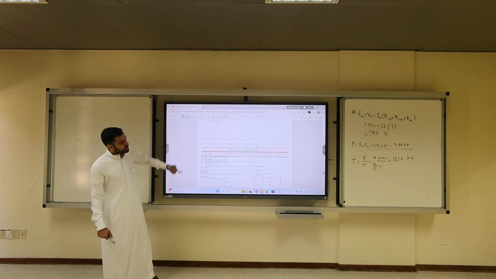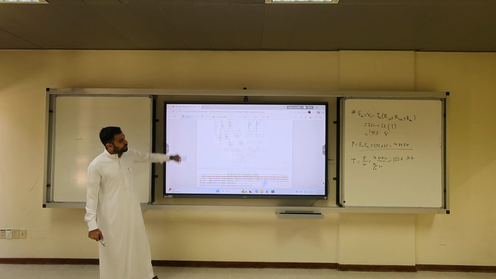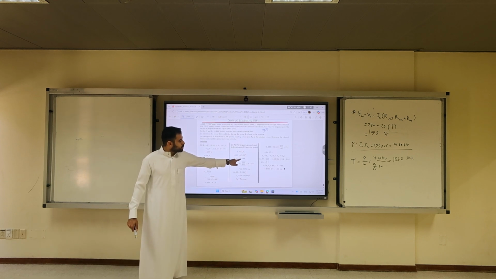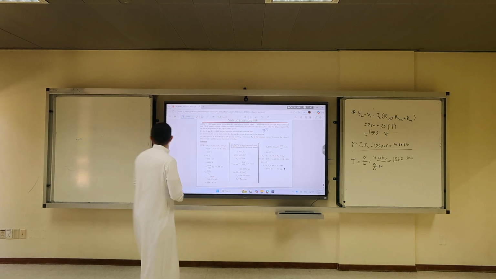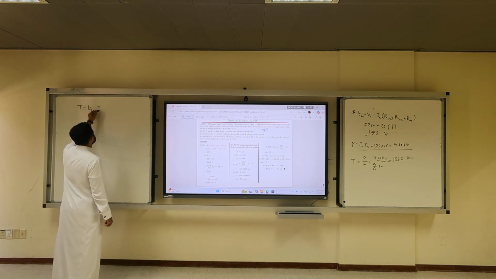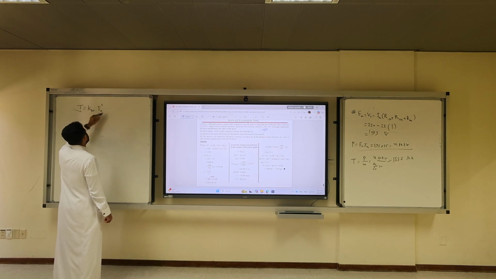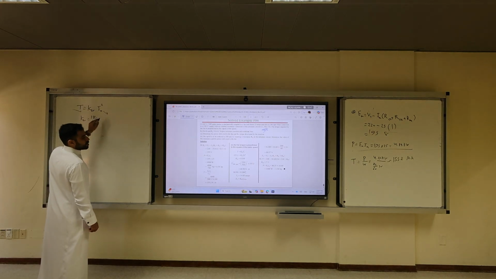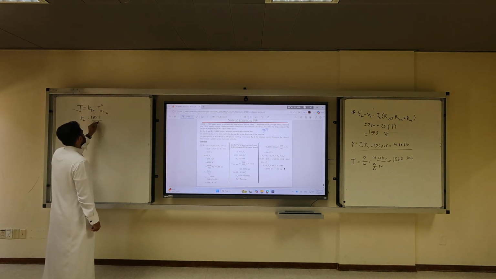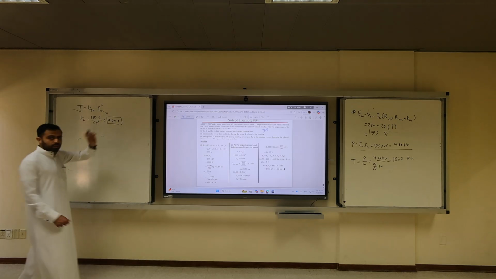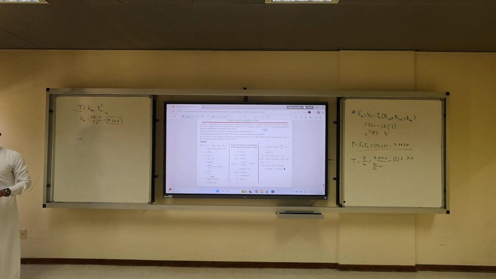Using this equation, torque equals KSR times IA squared. We know the torque and IA squared, so KSR is 155.2 divided by 25 squared, which gives 0.248. This is another constant. You have to put it in the formula sheet.